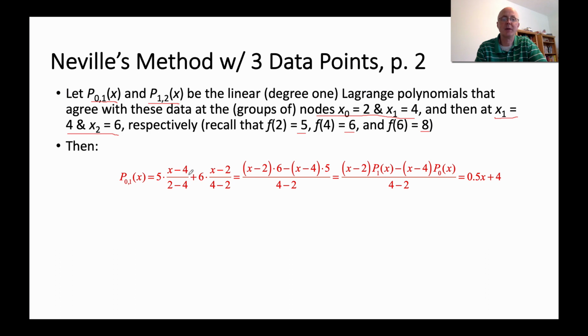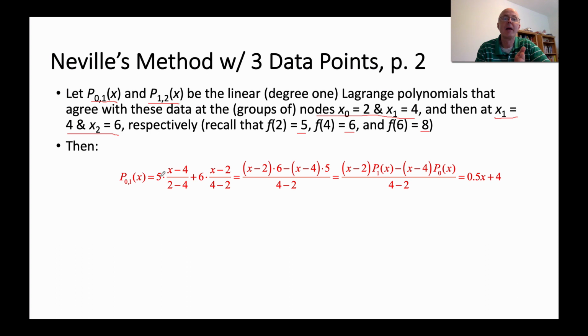Notice with this first term here, this is a linear function which equals 0 when x is 4, which is the 1st node, which again is really the 2nd, and equal to 1 when x equals 2, the 0th node. 2 minus 4 over 2 minus 4 is 1. So when it's equal to 1, when x is equal to 2, then this entire expression, including the 5, is equal to 5 times 1, or 5.